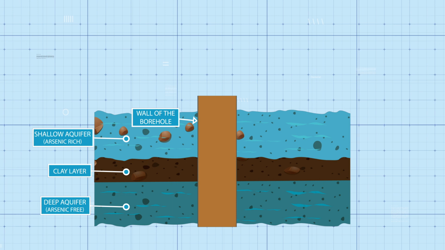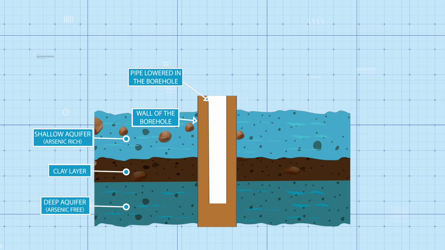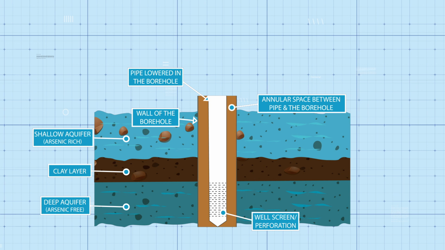CGWB introduced the technique of use of cement sealing within the wells so that it can provide arsenic-safe water. In this technique, first, the pilot hole is drilled. After drilling of the pilot hole, a pipe called the well assembly of nearly 6-inch diameter is lowered in the well. This well assembly is perforated only at a particular place so that the perforations are placed against the aquifer, releasing arsenic-safe water.